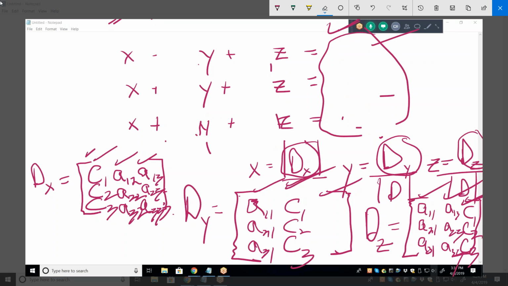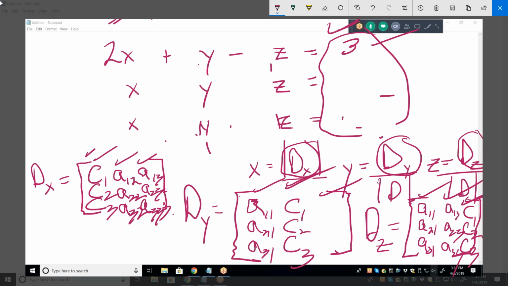Okay, so here's our equation. Erase all these signs too because they may be different. So it's 2x plus y minus z equals 3.